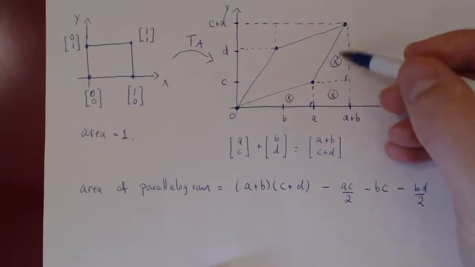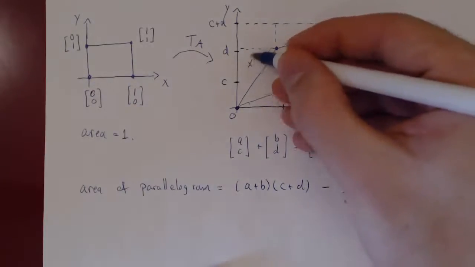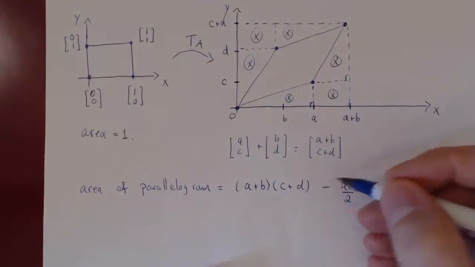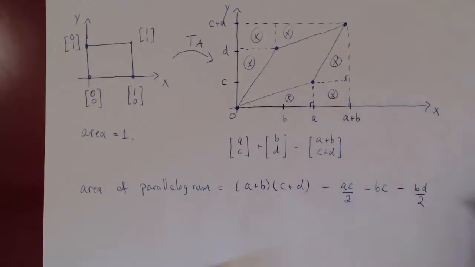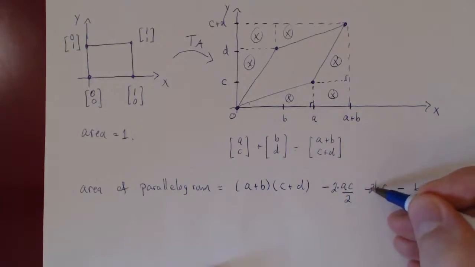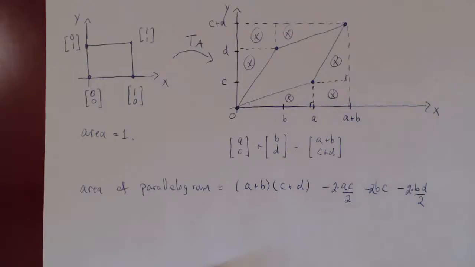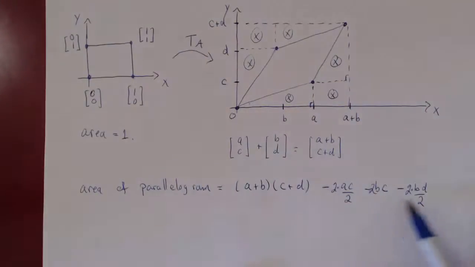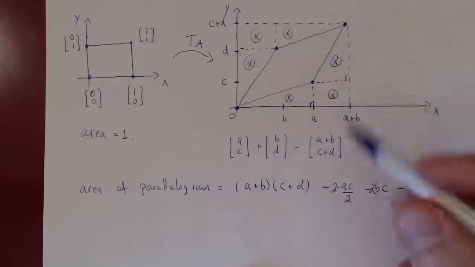So if we remove twice of that, we'll have removed everything that we don't want. So just multiply each term by 2. And now you've removed from the area of the rectangle everything that you don't want. So of course the leftover will be the area of the parallelogram.